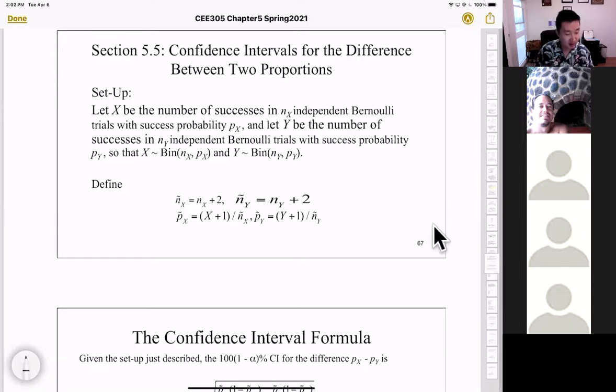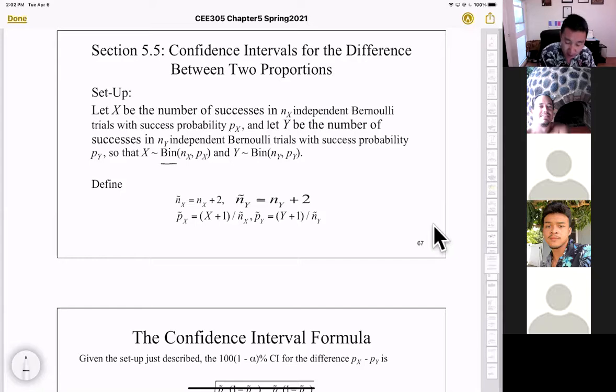Y is the number of successes in ny independent Bernoulli trials with success probability py. X follows binomial nx, px, and Y follows binomial ny, py. Similar to the situation in section 5.2, which is confidence interval for proportions, we also modify the nx and ny.